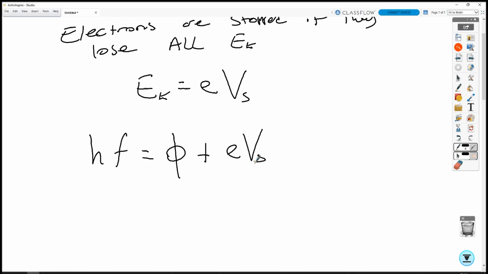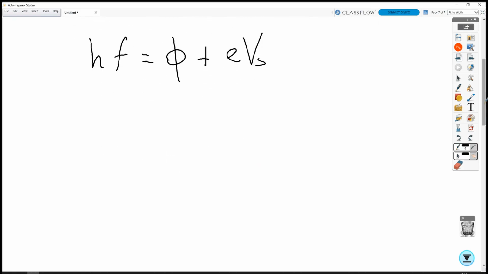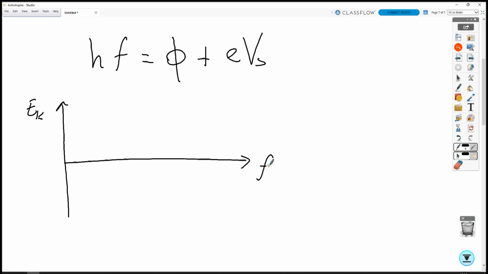Now we can find Vs by using graphs. So we can do two graphs. The classic one that you remember from last year, where you've got Ek on the y-axis, frequency on the x-axis, gives you a straight line for a material, gives you a parallel straight line for a different material, each of them with their corresponding threshold frequencies, and by extrapolating that to the intercept, we get minus phi.